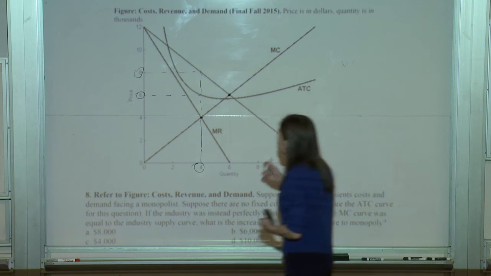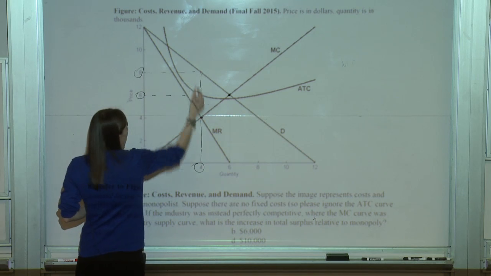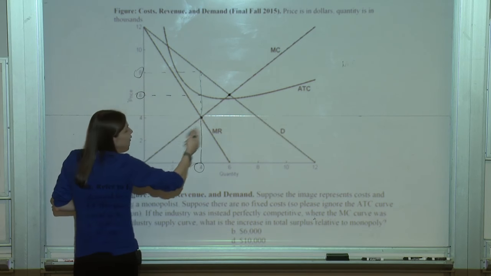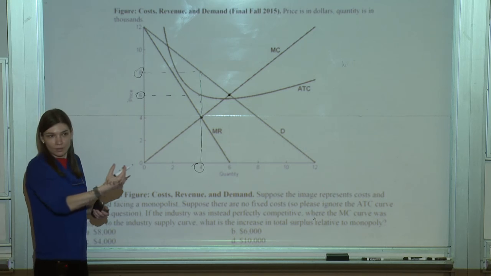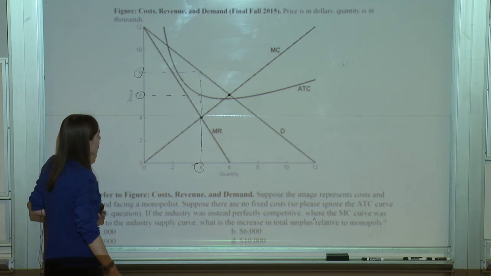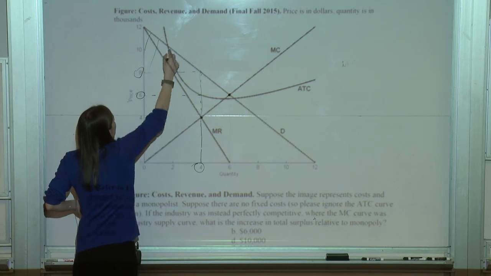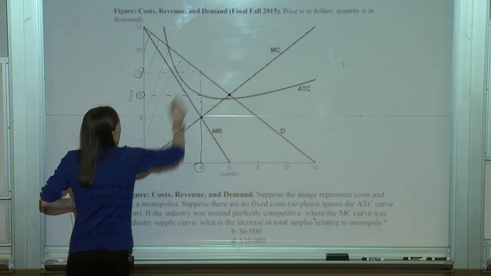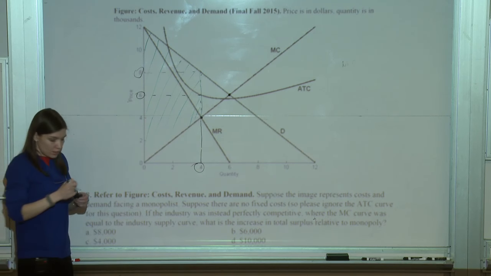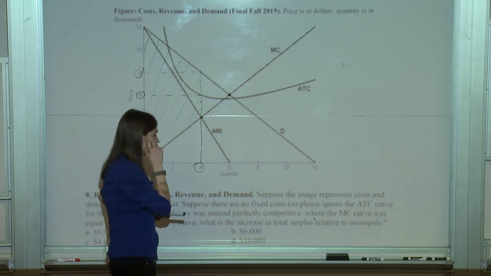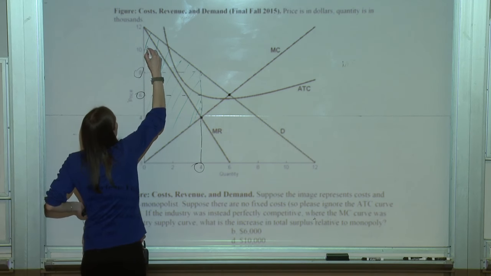Total surplus when we have a monopoly, we had a price of 8, a quantity of 4. So basically the monopolist restricted quantity in order to increase the price and derive more profits. Total surplus in the case of monopoly would be this part here, and total surplus when we have perfect competition would be this whole thing.